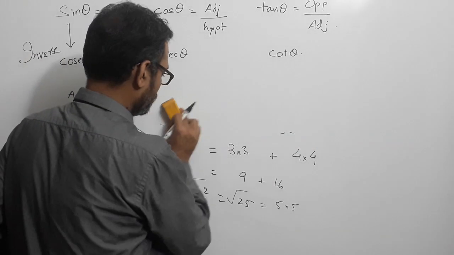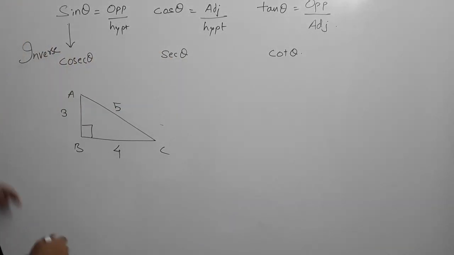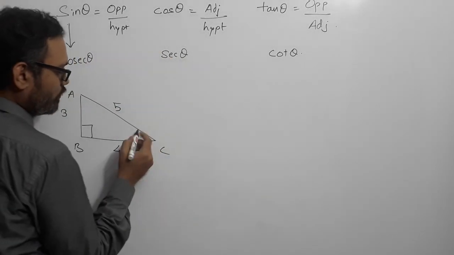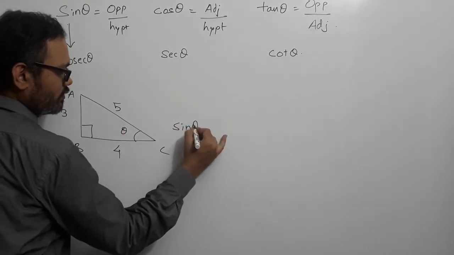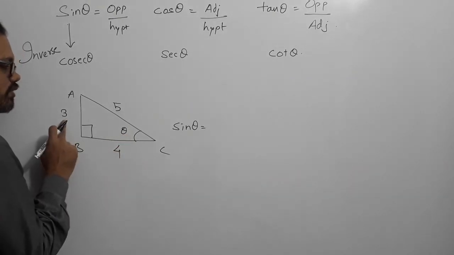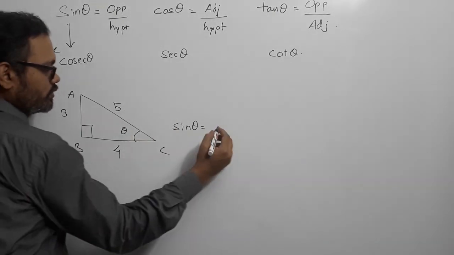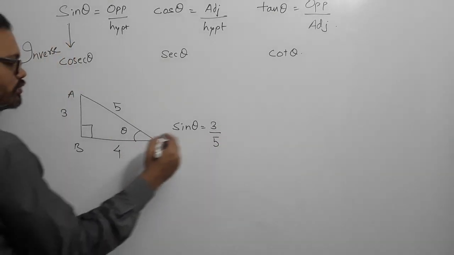No need to note. Now just let us see application of trigonometry here. If this is theta, what is sine theta here? Opposite upon hypotenuse, which is 3 upon 5. What is cos theta here?